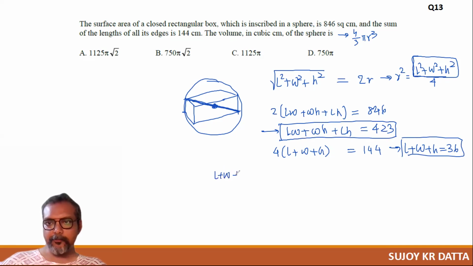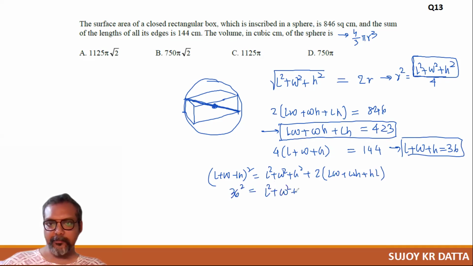So (L plus W plus H) whole squared, we know, is L squared plus W squared plus H squared plus 2 times length width, width height, height length. So 36 squared is L squared plus W squared plus H squared plus 846. And 36 squared is 1296.